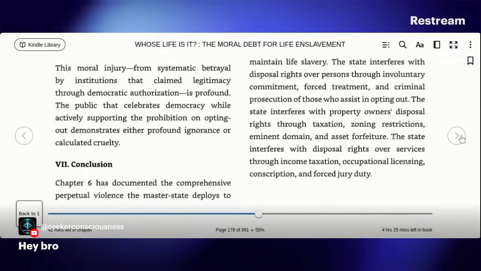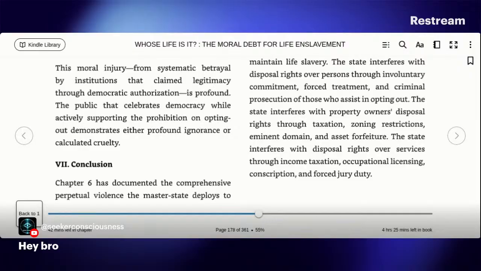The moral injury from this systemic betrayal by institutions that claim legitimacy through democratic authorization is profound. The public celebrates democracy while actively supporting the prohibition on opting out, which demonstrates either profound ignorance or calculated cruelty.